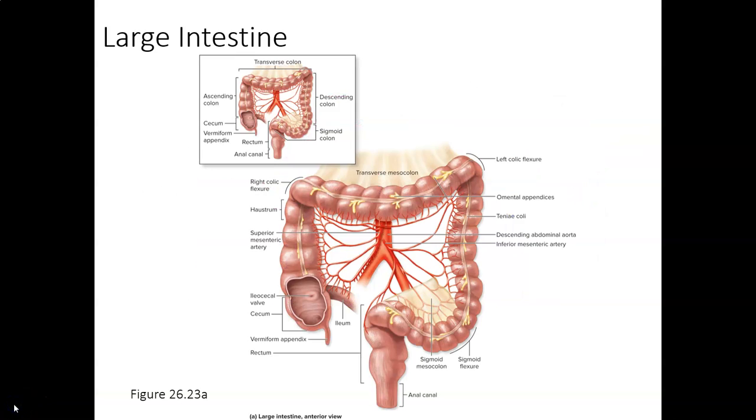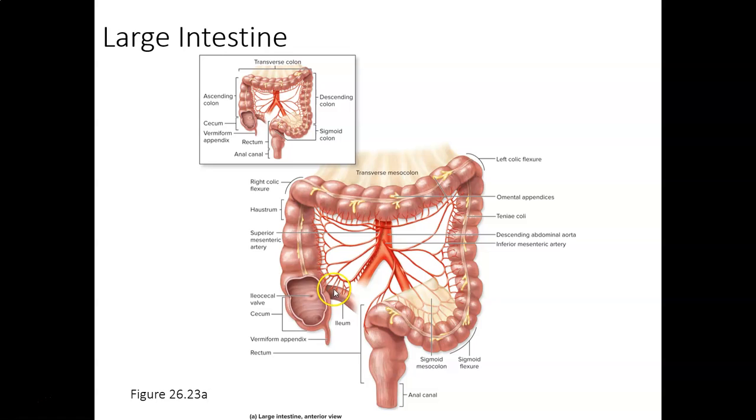So for the large intestine, let's first look at the big parts of the large intestine. So it starts with the cecum. So that's the blind sac, and the vermiform appendix is attached to one end of the cecum, right? Here is the ileum, that's the last part of the small intestine.